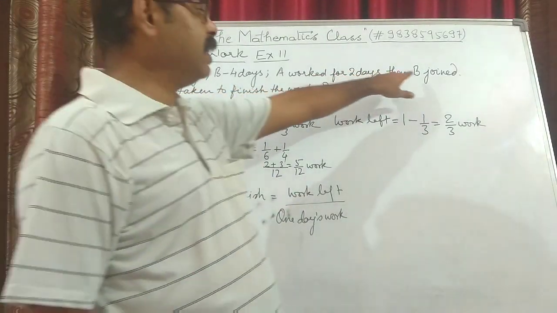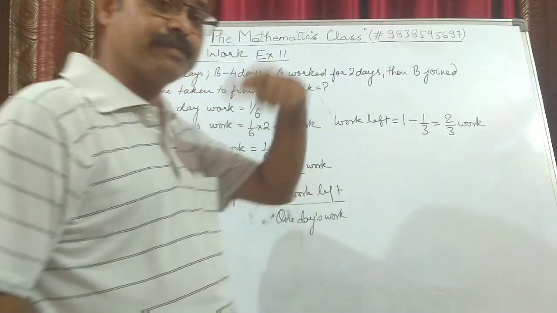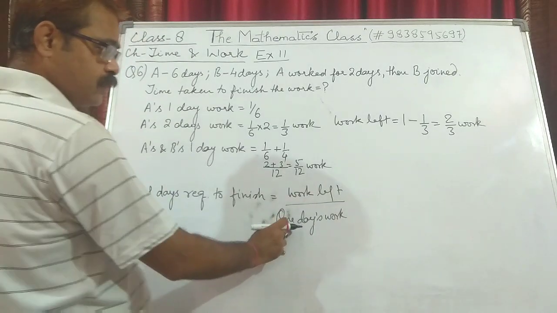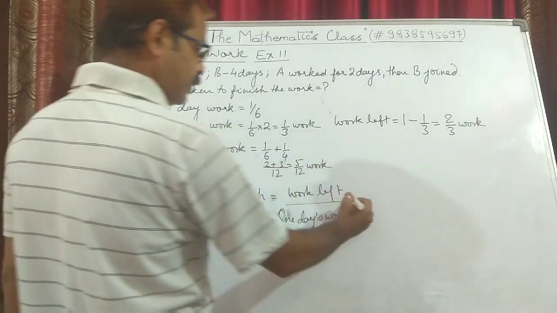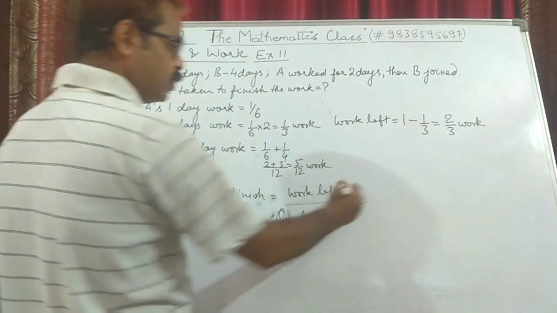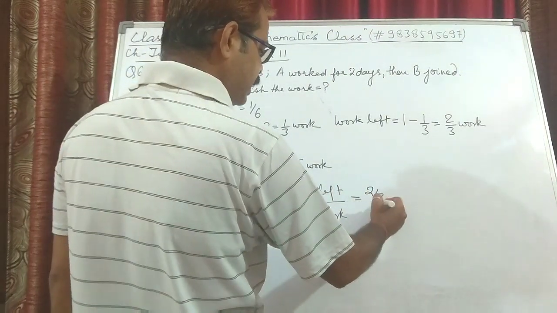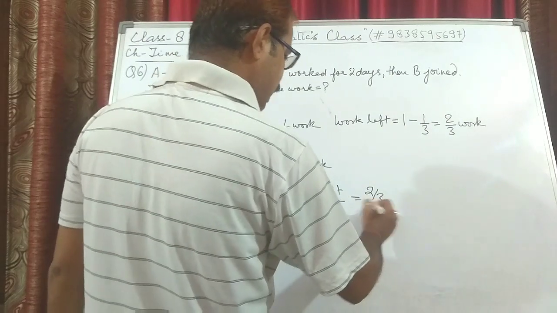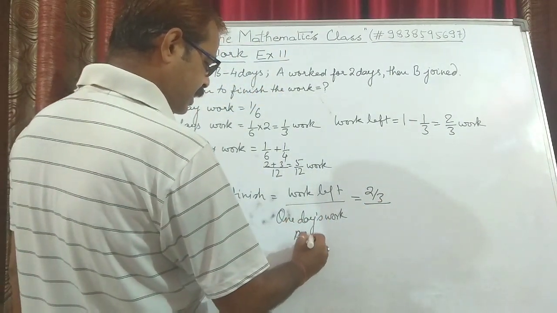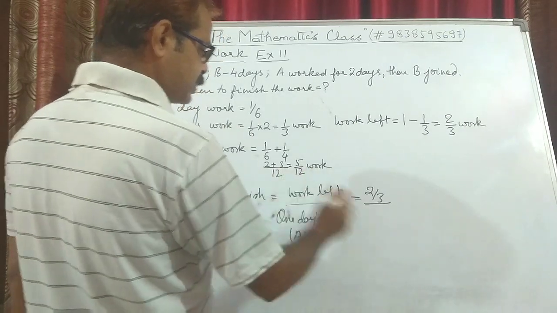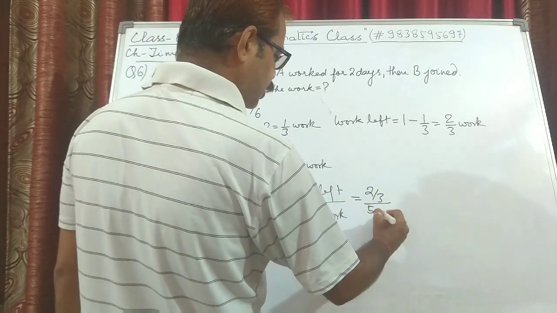Since B and A are doing it after 2 days, so 1 day's work of whom are we going to take? A and B. So that is 5 upon 12. It means work left was 2 upon 3. 2 upon 3 was left upon 1 day's work of A and B, that is 5 upon 12.